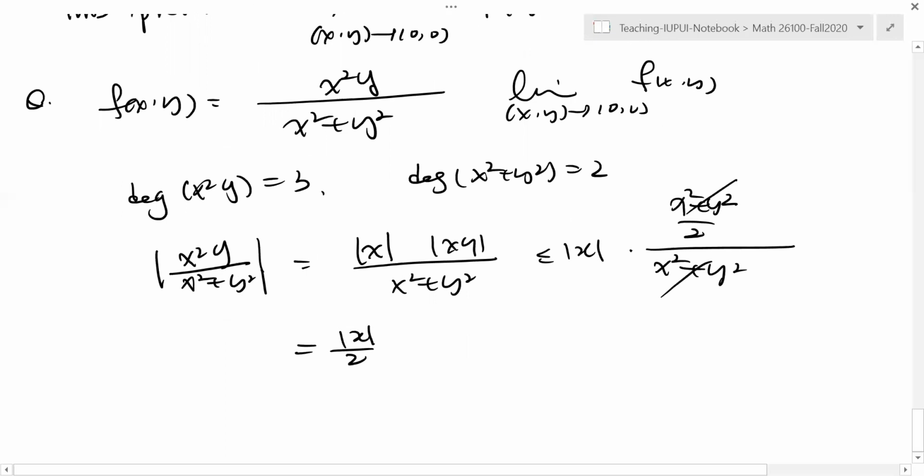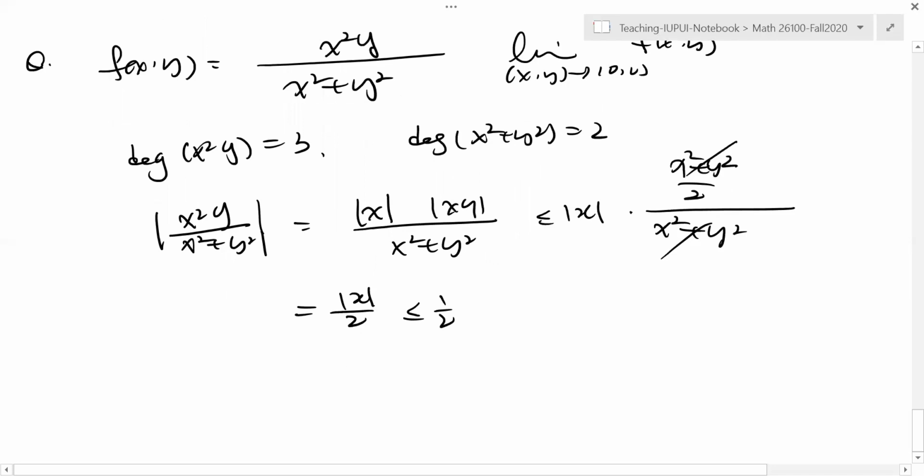That is okay. But that one actually is going to be the square root of x squared plus y squared.